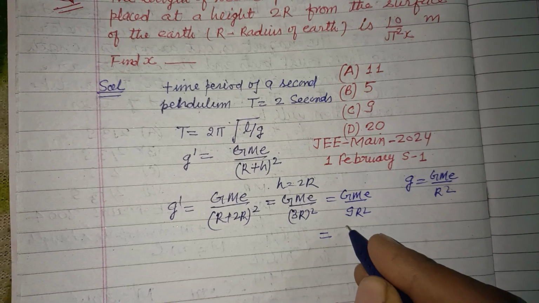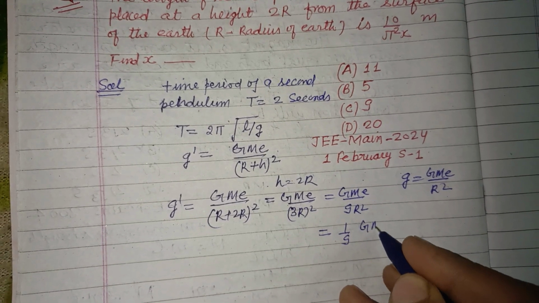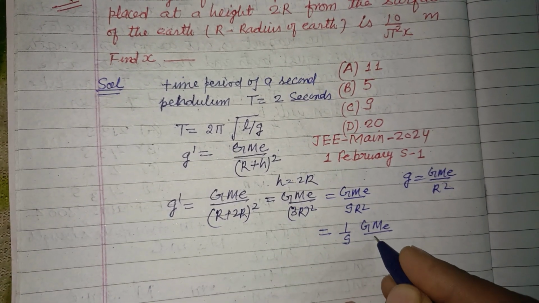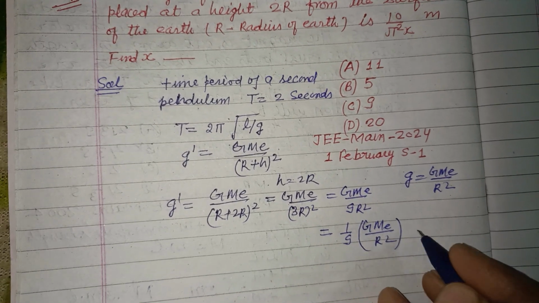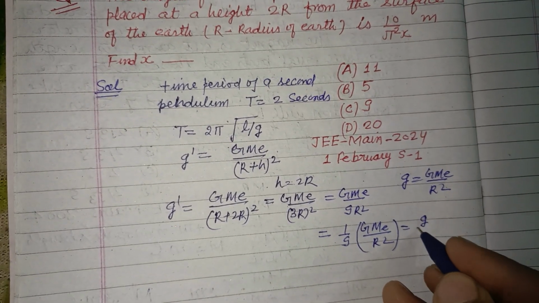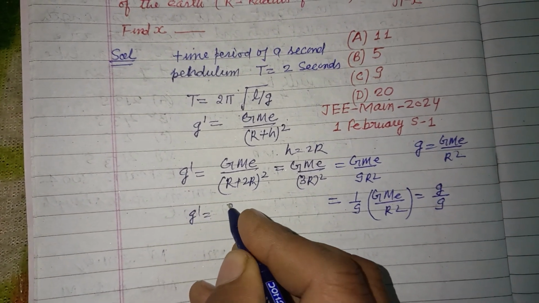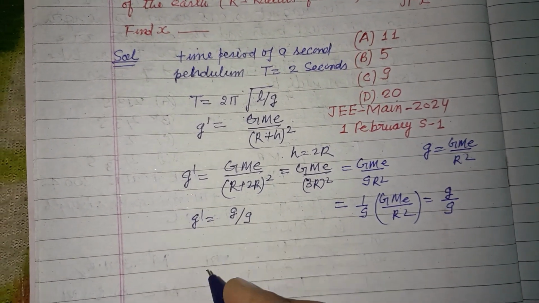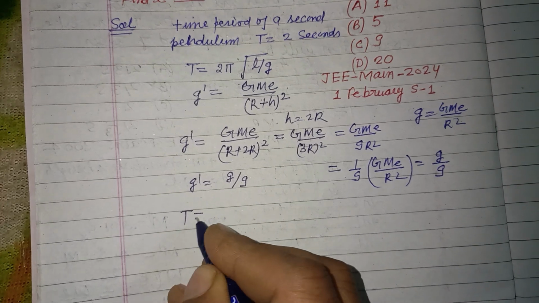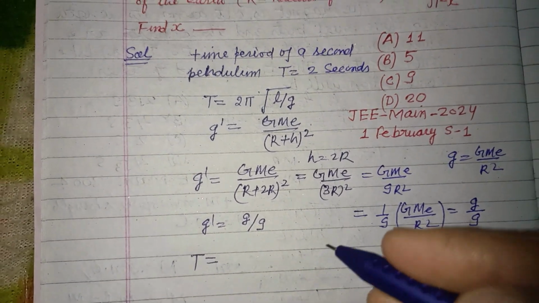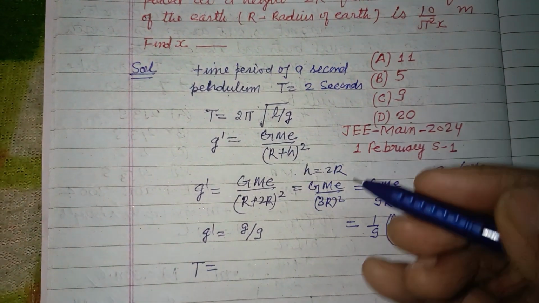So therefore 1 by 9 GM_E over r square, and this is g, so g by 9. Therefore g dash becomes g by 9. Now the time period remains constant whether it is at the surface of the earth or above the earth.